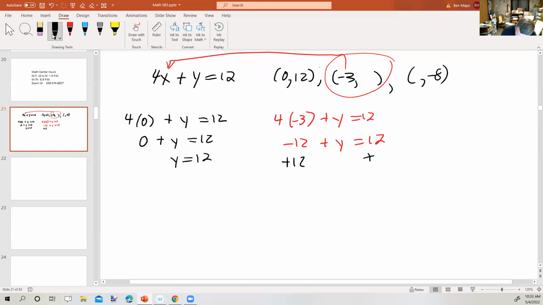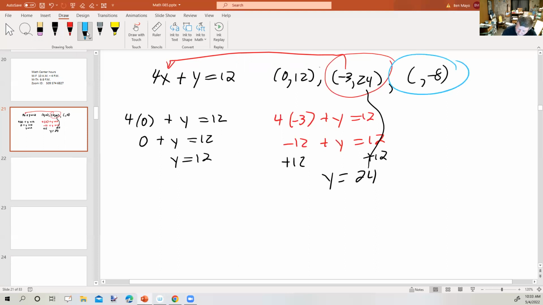We'll add 12 to both sides of the equation and get y equals 24, which is going to go up there. So we get -3, 24. That ordered pair is a solution to the equation 4x plus y equals 12. Again, any questions about this?